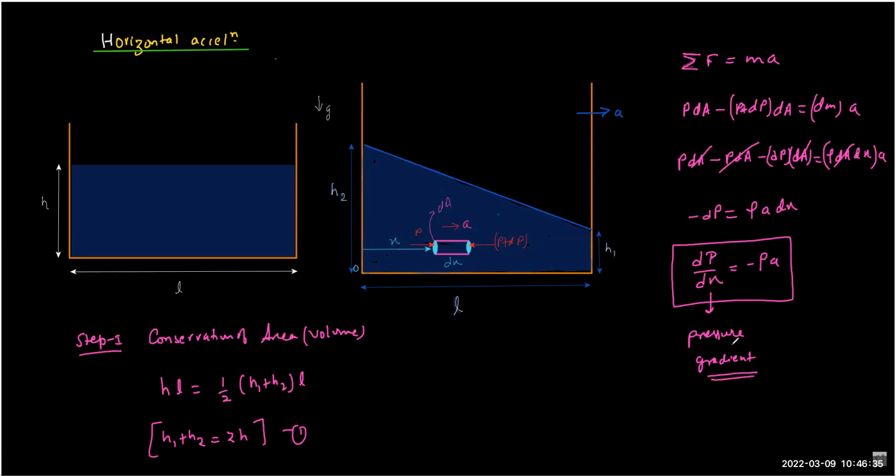And the rate at which the pressure will decrease is rho, the density, into acceleration. And minus is saying that as you progress towards the x direction, pressure will drop.